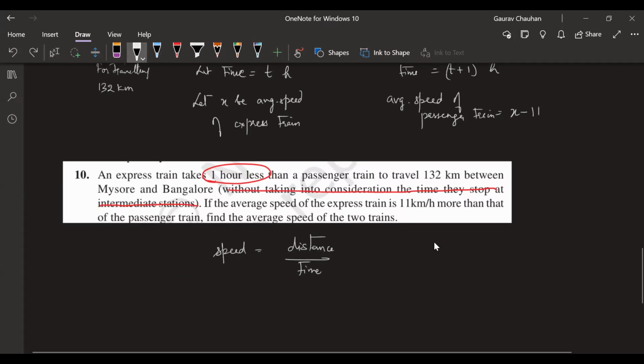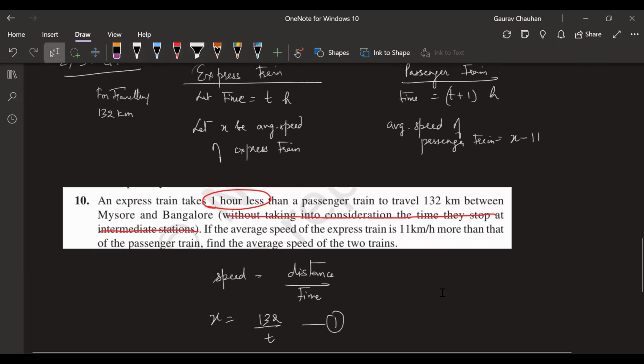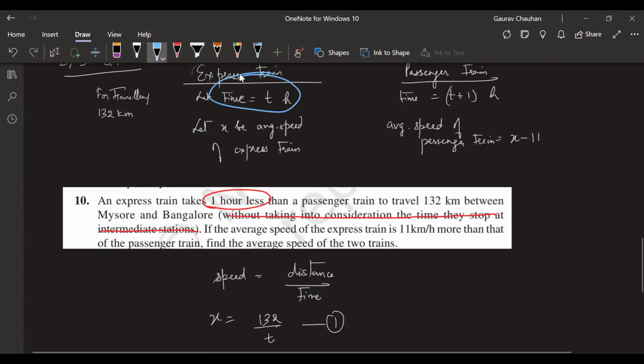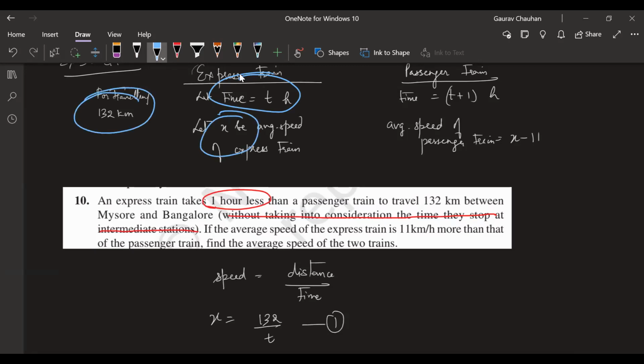Dilruba, are you following here? What I'm doing here is x is equal to distance by time, 132 by t. This is my first equation. Where am I getting this from? The express train is taking t hours, it is going at x speed, and it is finishing 132 kilometers.